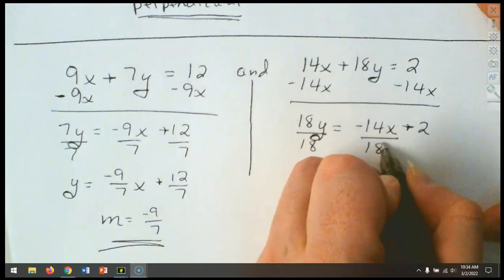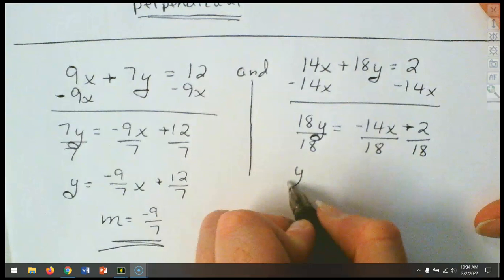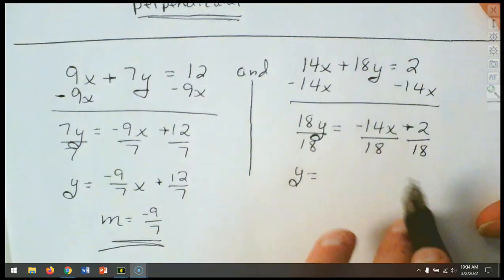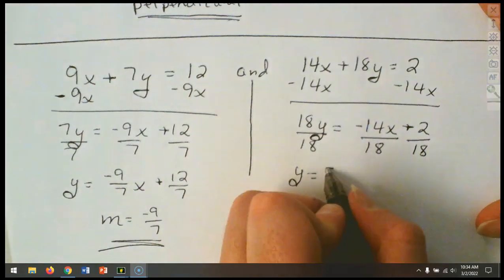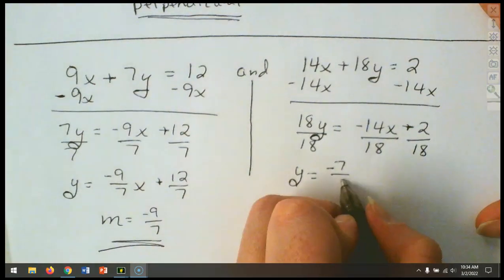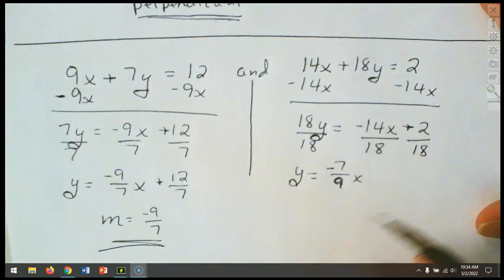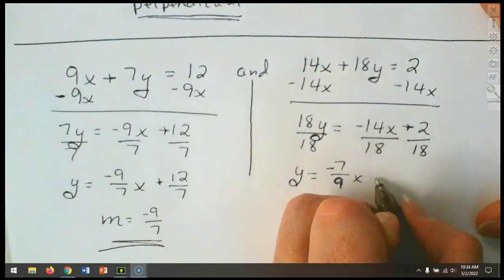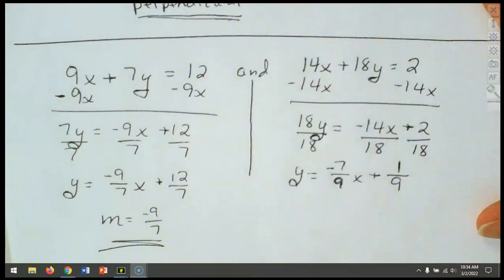And you've got to reduce these down. 14 and 18 both have a 2 in common. So that's going to reduce down to be a 7/9, and it's negative x there. 18 and 2 have a 2 in common. So that's going to reduce down to be a 1/9 there.